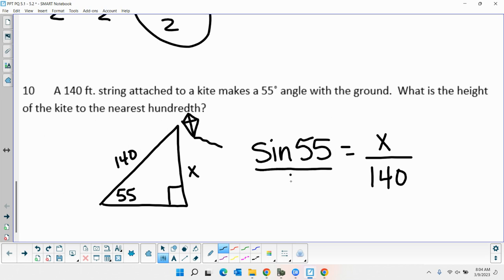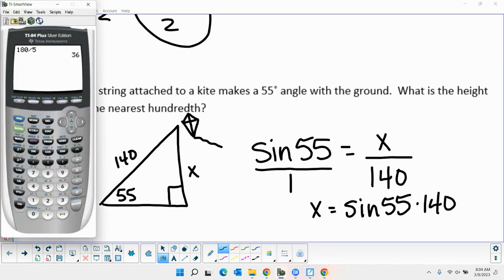Again, I like to make that a fraction, and then we could say it's a proportion. So we're going to cross multiply to solve the proportion. Oops, I want my sine first, right? So sine of 55 times 140 will be the answer.